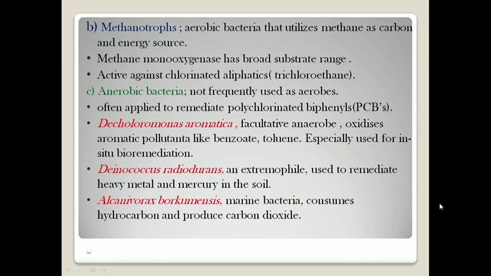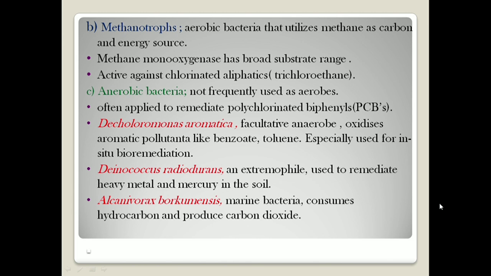Next, methanotrophs. These are also aerobic bacteria that utilize methane as their carbon and energy source. Methane monooxygenase is the enzyme present in these organisms, which has a broad substrate range, active against a wide range of compounds such as chlorinated aliphatics.